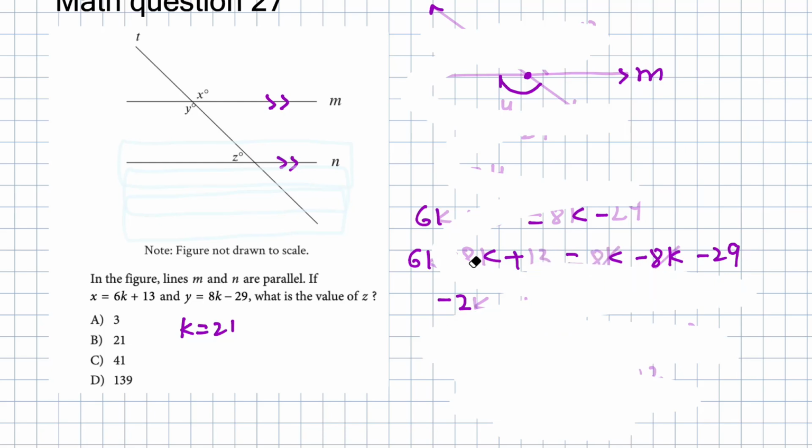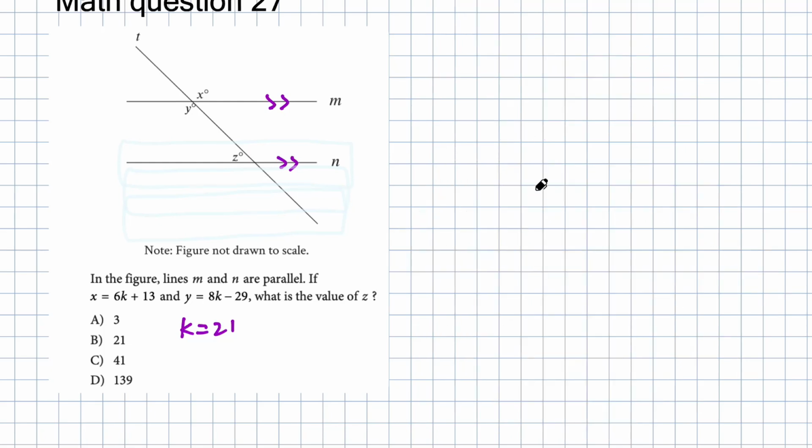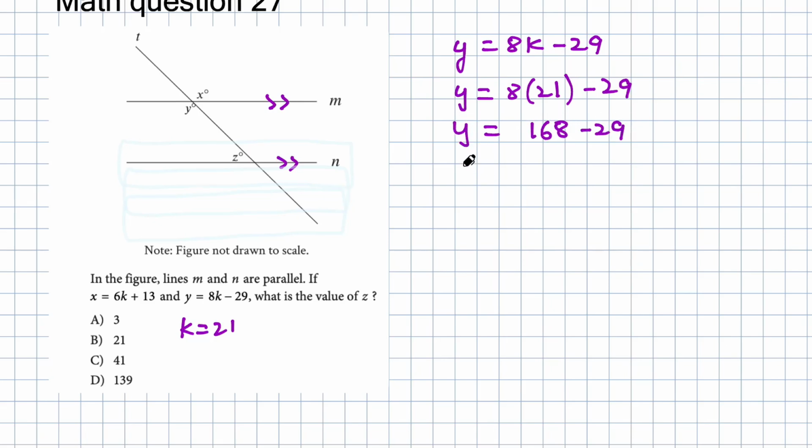But first of all, by using the value of k, we need to find the angles. So y is equal to 8k minus 29, so y is equal to 8 times 21 minus 29, 168 minus 29, and y is equal to 139.